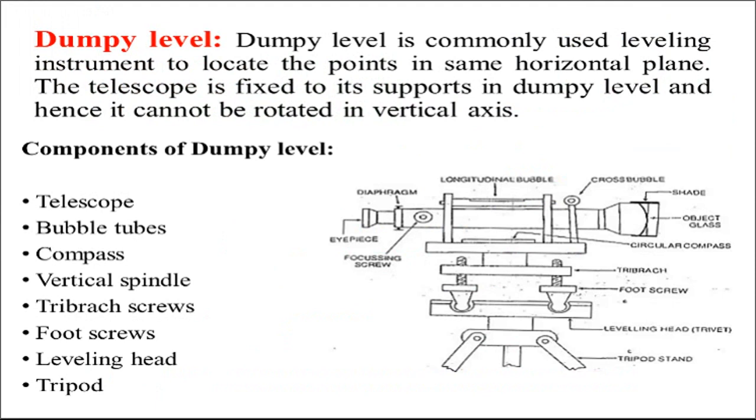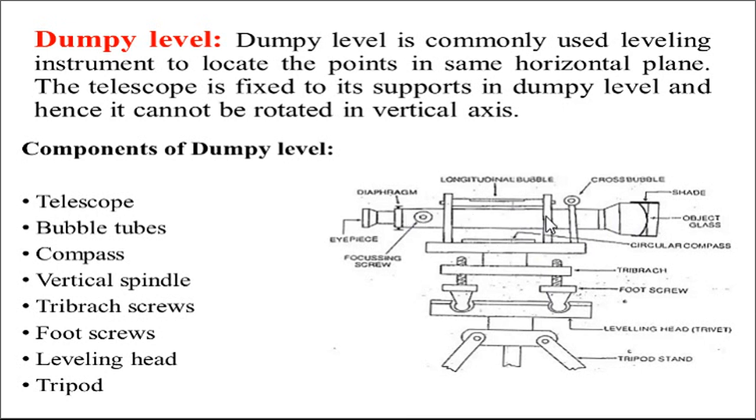Dumpy level is a commonly used leveling instrument to locate points in the same horizontal plane. The telescope is fixed to its supports in a dumpy level and hence it cannot be rotated in the vertical plane. So see, this is the telescope.